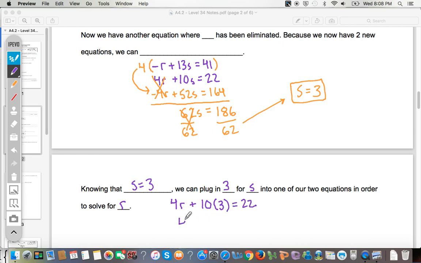So just to simplify, I have 4r plus 30 equals 22. Subtract 30 on both sides. I get 4r equals negative 8, which leaves me with r equaling negative 2.